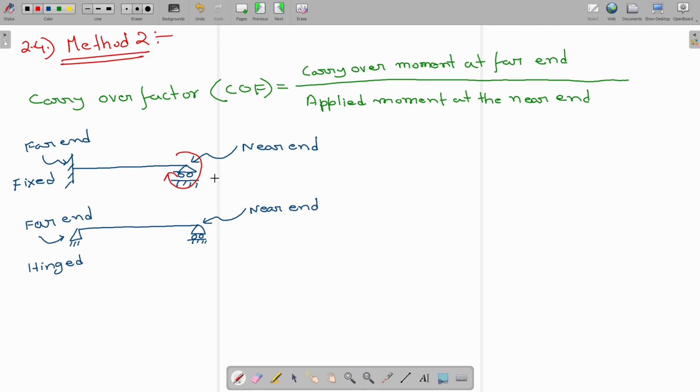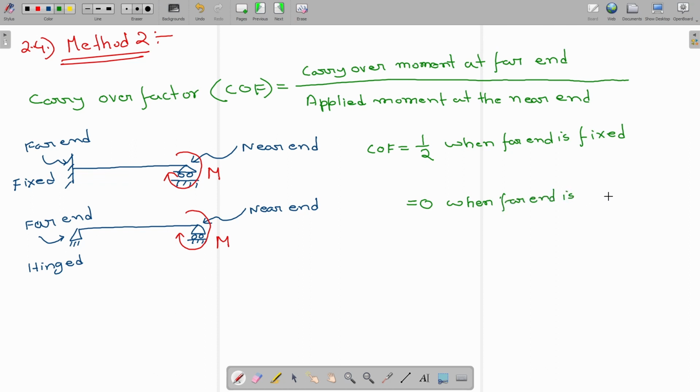This is a moment M. According to the carryover factor, the carryover factor will be half when the far end is fixed, and it will be equal to 0 when the far end is hinged.